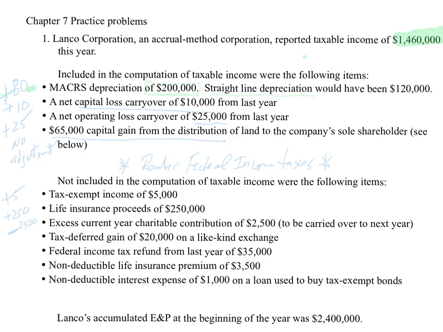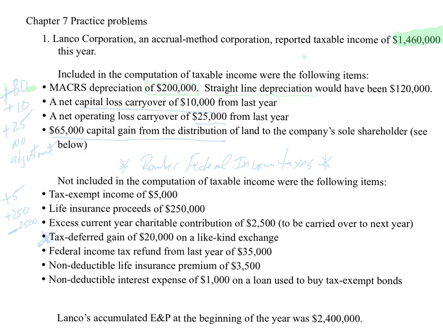Okay, tax deferred gain of $20,000 on a like kind exchange. Well, this is not going to increase or decrease our current earnings and profits. Okay, so this is a like kind exchange, so we get to ignore this in our calculation.